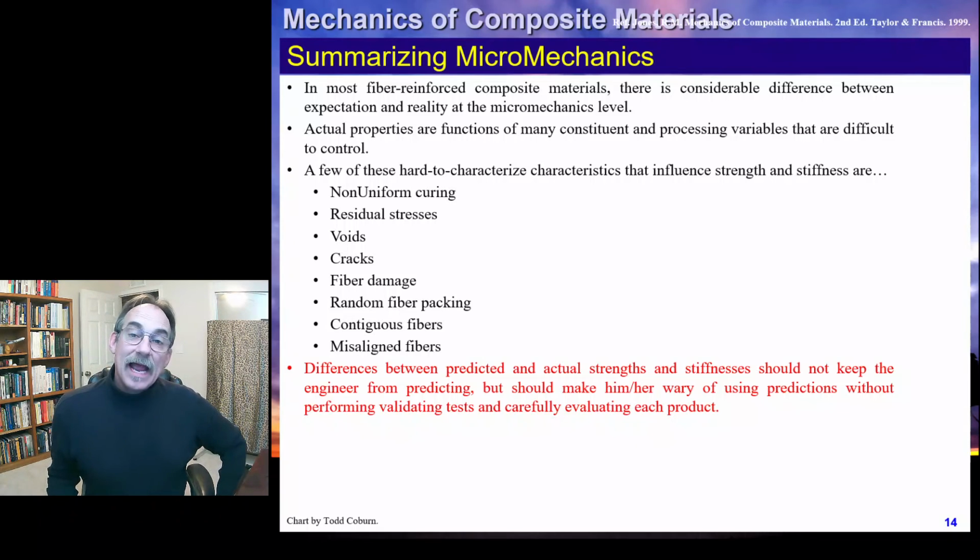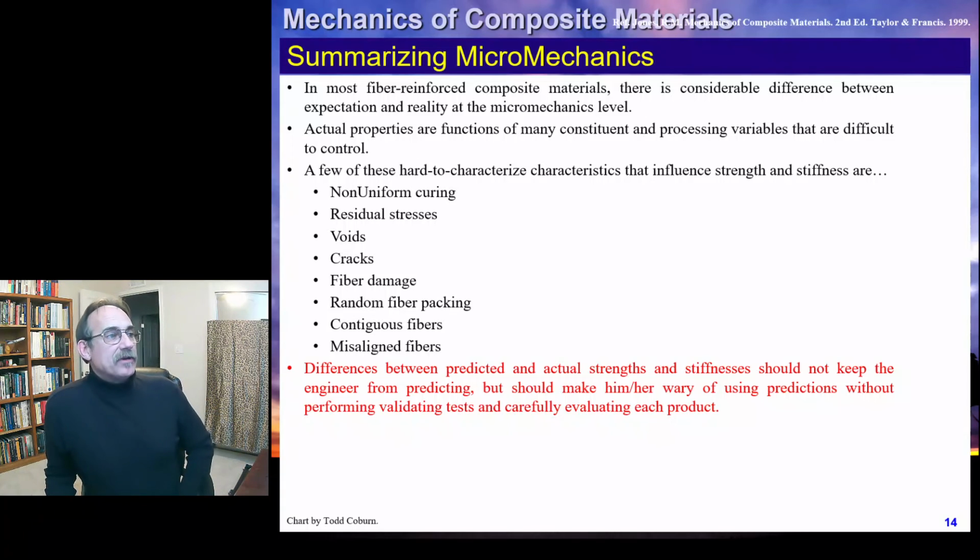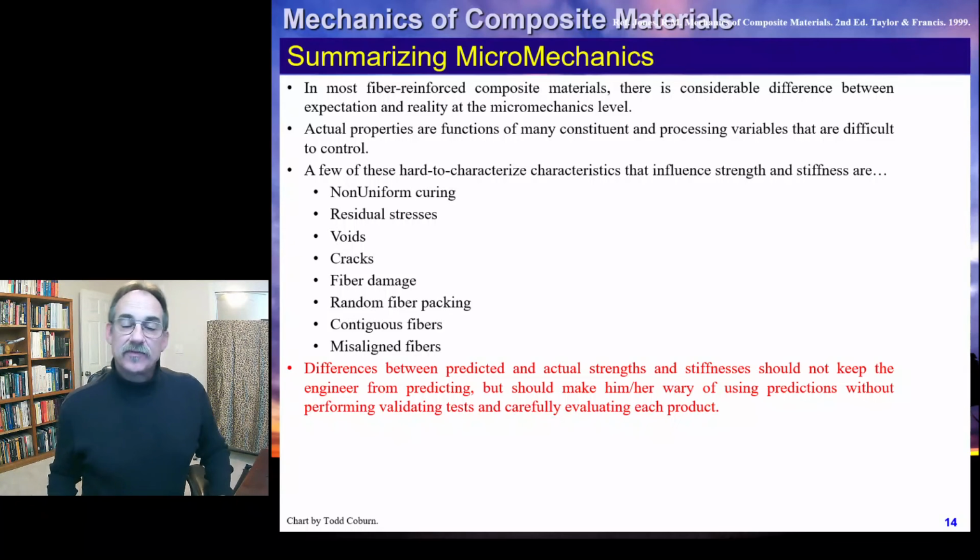Random fiber packing, or how the fibers are aligned, contiguous fibers and misaligned fibers, all these things can change things from what we predicted. While these differences shouldn't stop us from predicting, they should make us a little suspicious of our own work until we get some test validation.